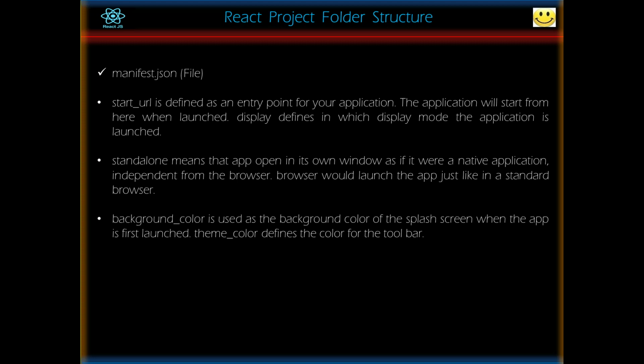Standalone means that the app opens in its own window as if it were a native application, independent from the browser. Browser would launch the app just like in a standard browser. Background_color is used as the background color of the splash screen when the app is first launched. Theme_color defines the color for the toolbar.